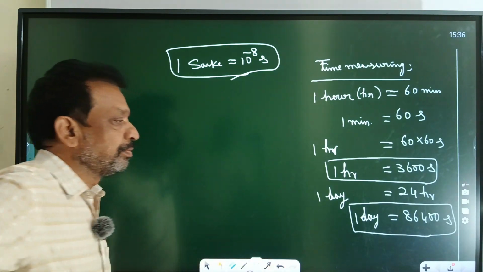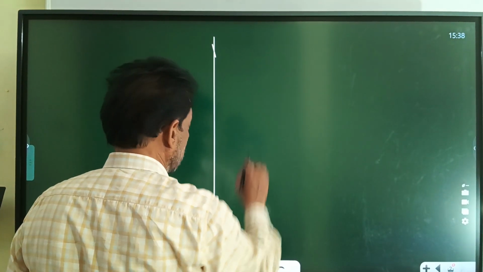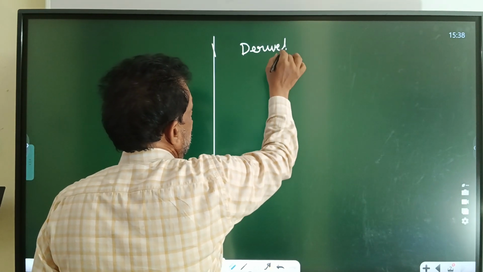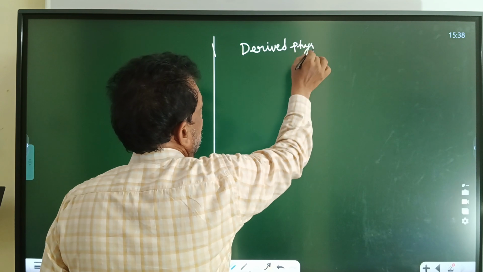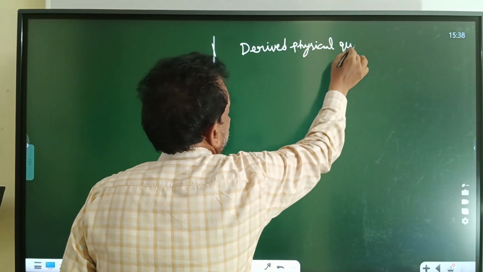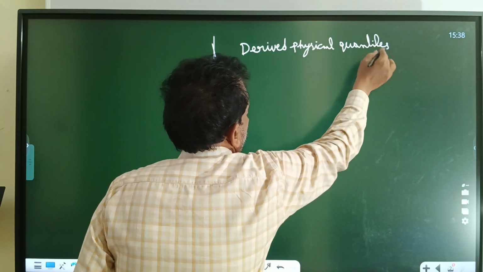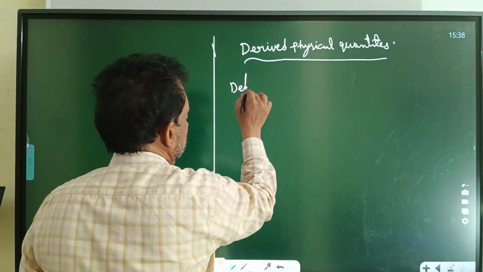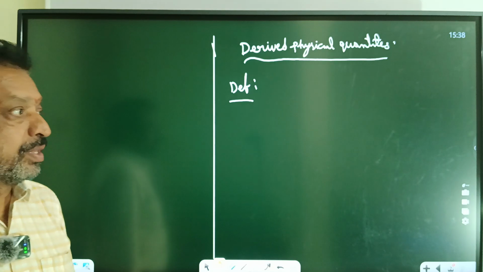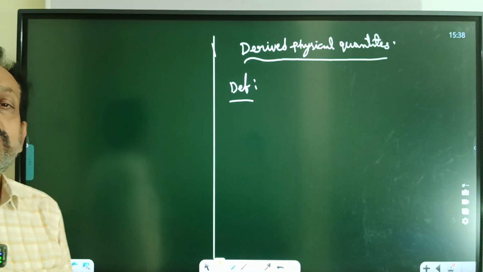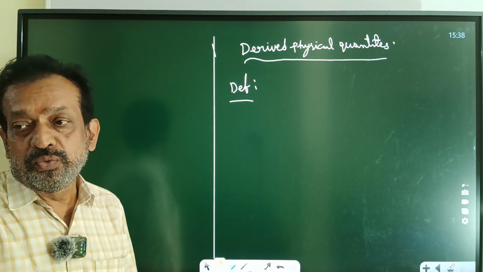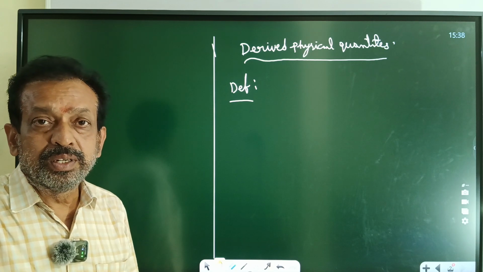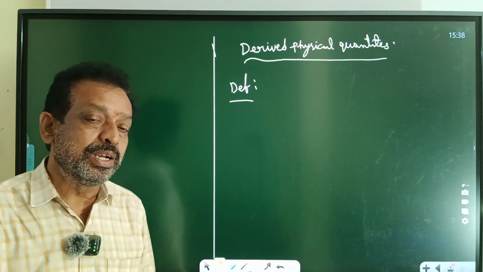Now, derived physical quantities. Definition: the physical quantities which are derived from fundamental quantities are called derived quantities.